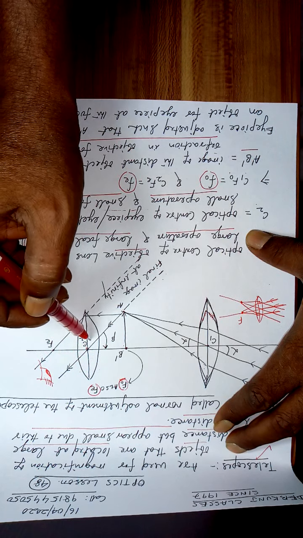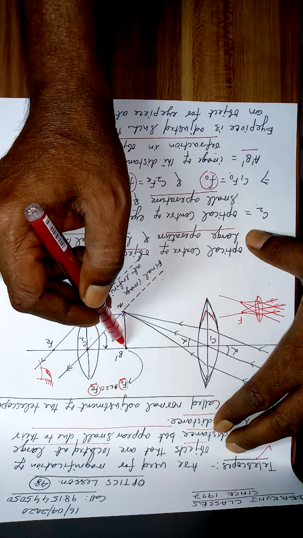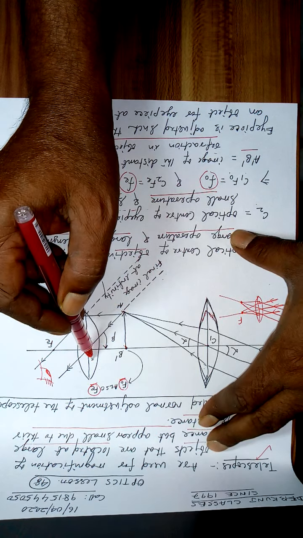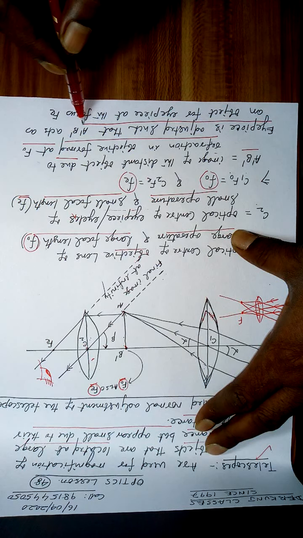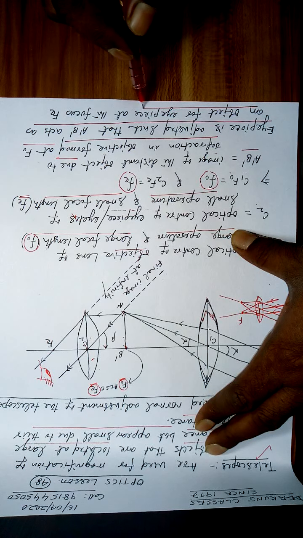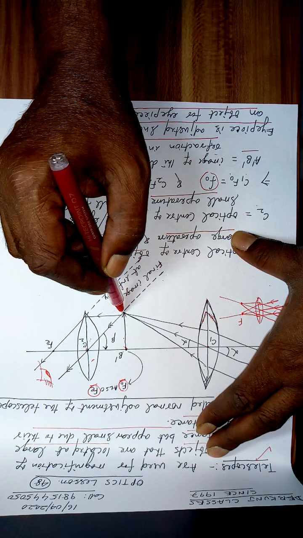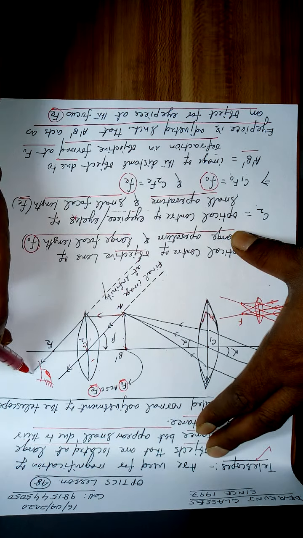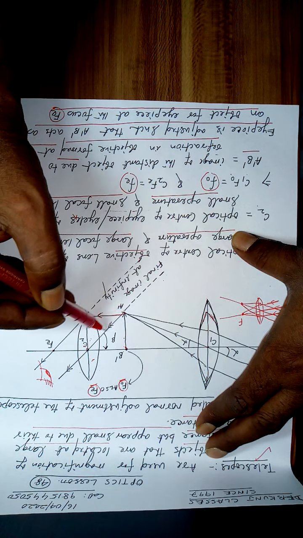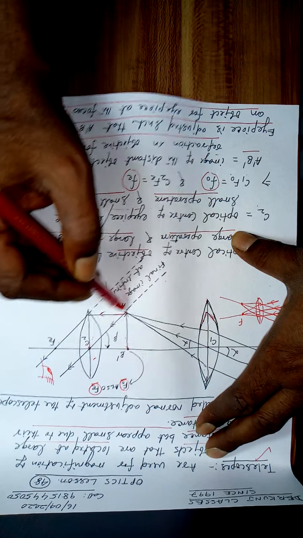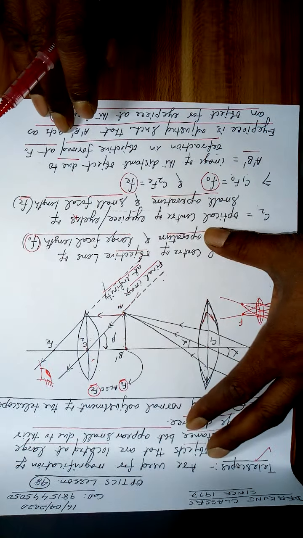Suppose the focus Fe coincides with this point, then A dash B dash acts as an object for the eyepiece at its focus Fe. Now a ray from here parallel to the principal axis will pass through the focus of this lens, and the ray passing through the optical center goes like that. These two rays, when produced backward, come from infinity. So the final image is at infinity.